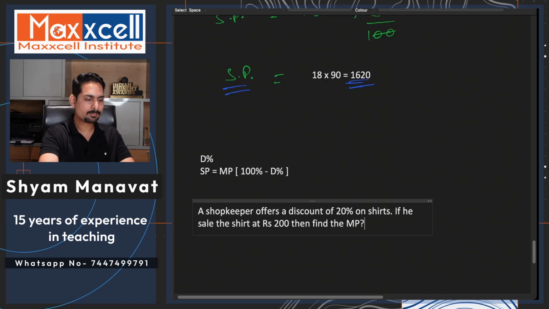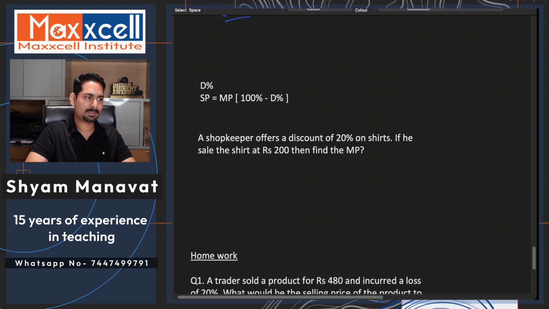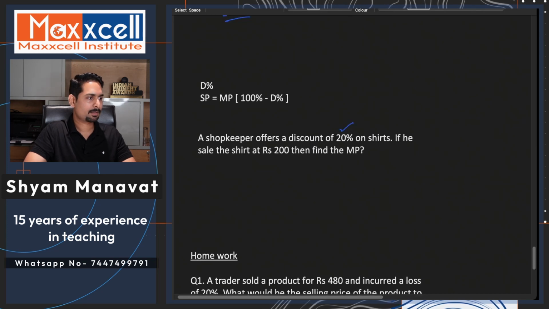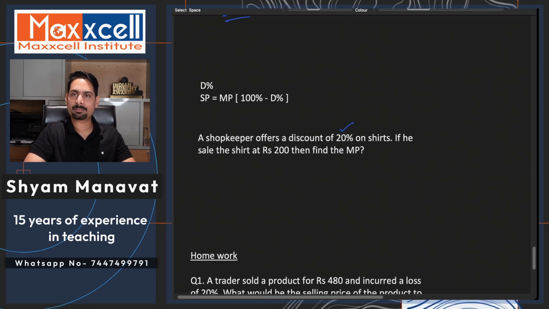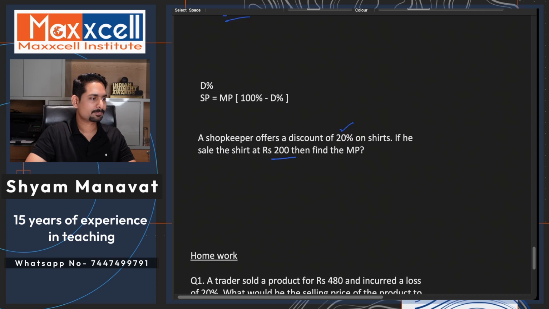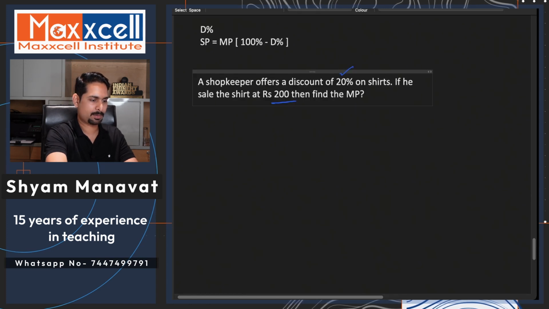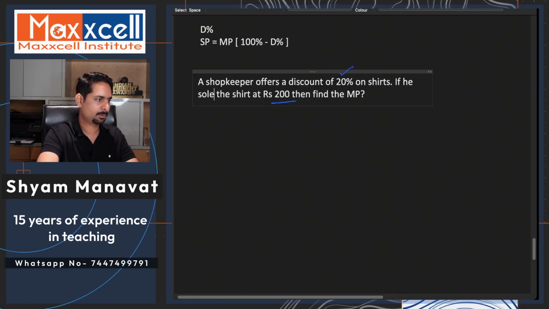Okay, so what is given here? You have discount percentage 20%, selling price given to be how much? 200. We need to find out mark price. Sold.